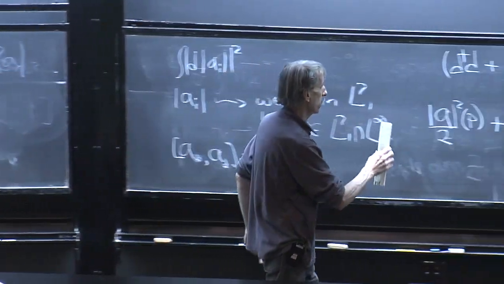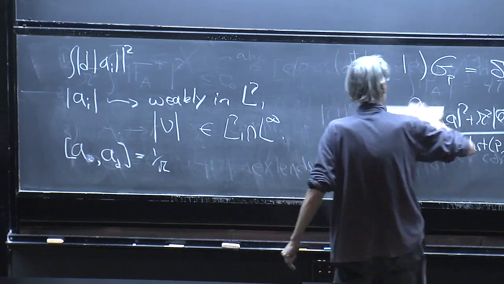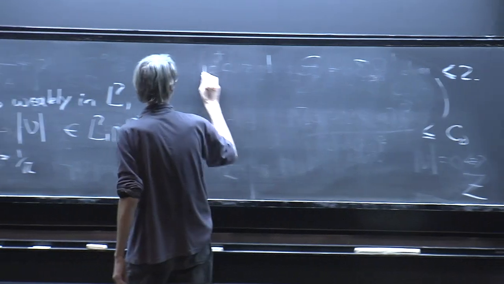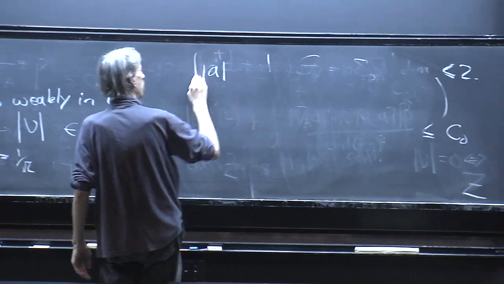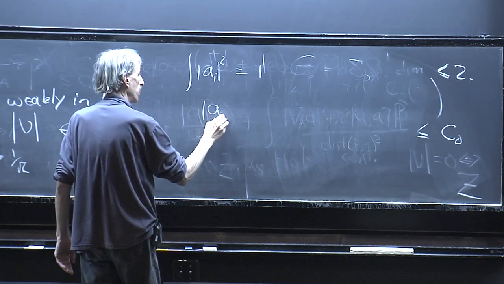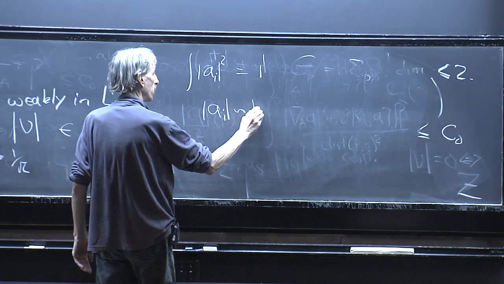So the question comes down to this. We know its L2 norm is equal to 1, but the question is, where is it nearly 1, and where is it going to 0?